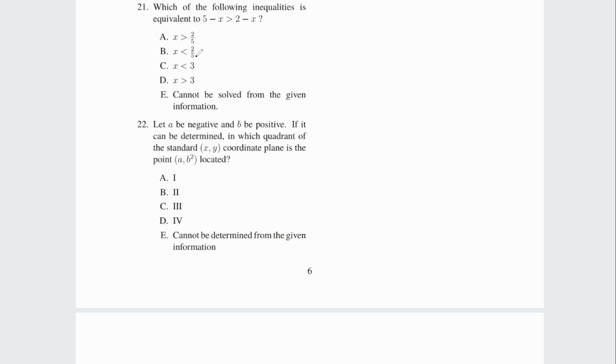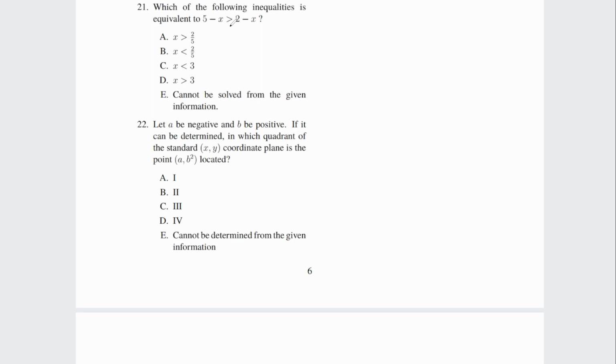So it's not true that x will always be greater than 2 over 5, because x could be literally anything, right? This is always going to be true for all values of x. That's the important takeaway here.